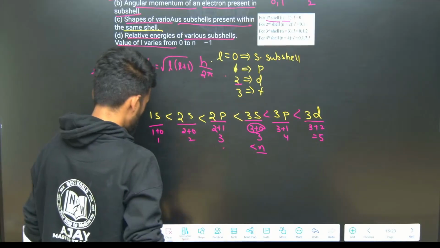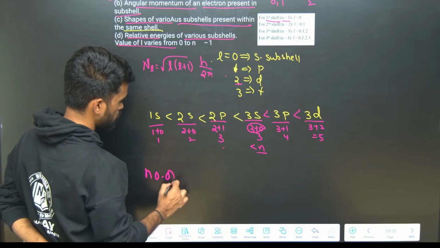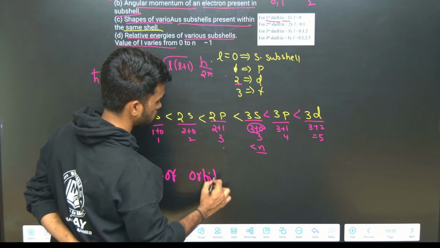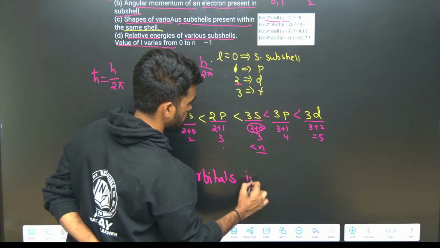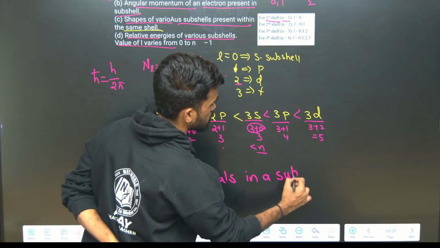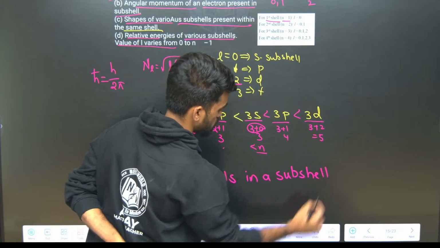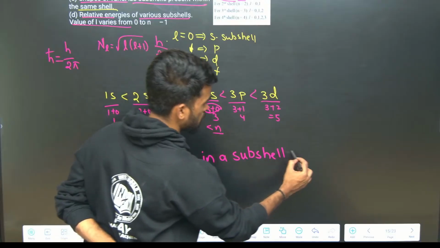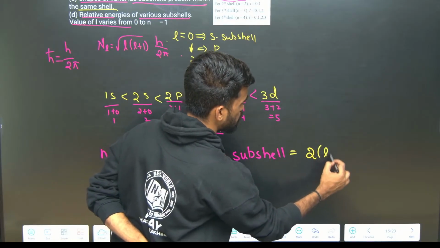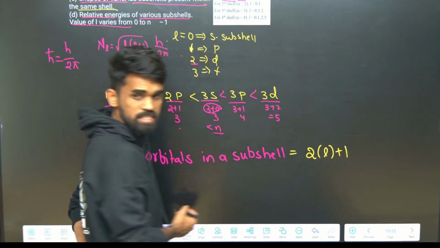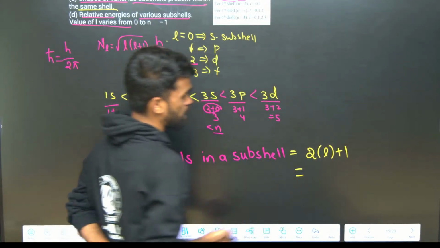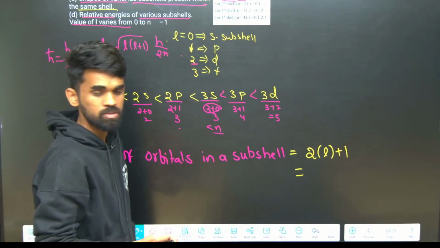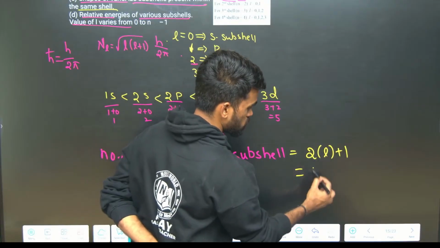So again, number of orbitals in a subshell, if they ask. How do you take the number of orbitals in a subshell? Take just 2l plus 1. For example, s subshell, what is the l value? l value is 0. So 2 into 0 plus 1, it will be 1.